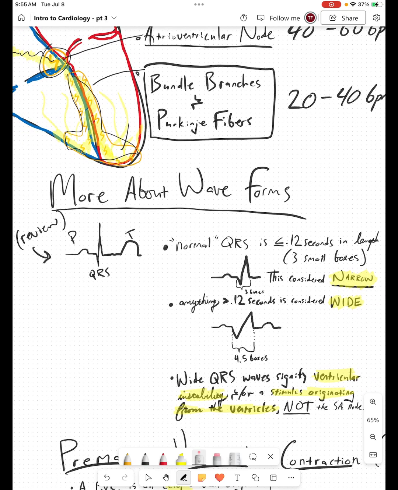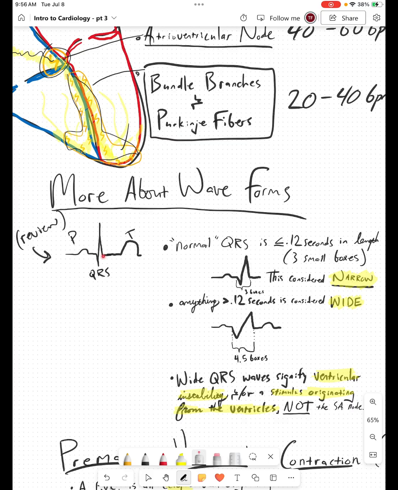Before we descend into ventricular rhythms, I want to lay the foundation of narrow versus wide QRS. A normal QRS is going to be less than or equal to 0.12 seconds in length, so it's going to be 3 small boxes from beginning of QRS to end of QRS, and that is considered narrow.